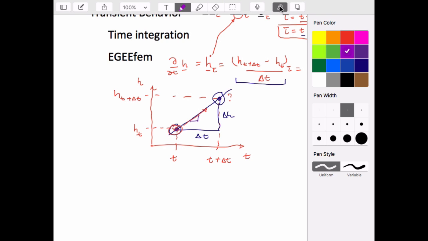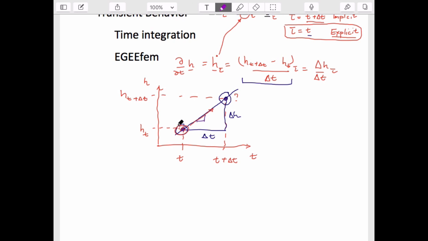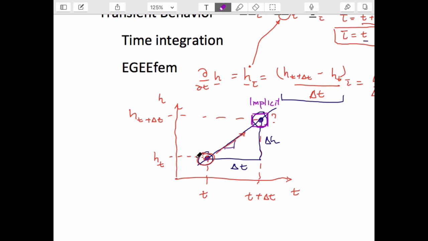Okay, let's choose something. So what we've done is we've chosen, first of all, we did this for the implicit one. And we did this for the explicit one.